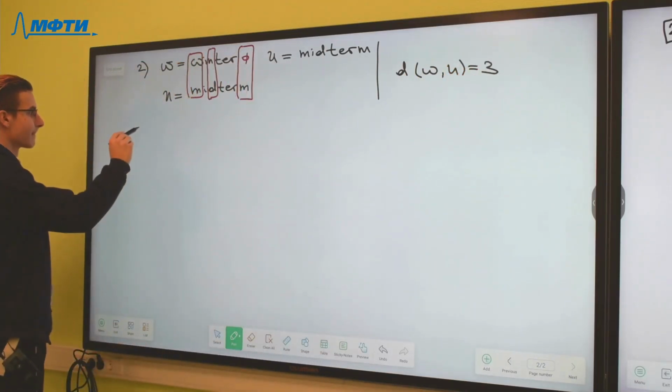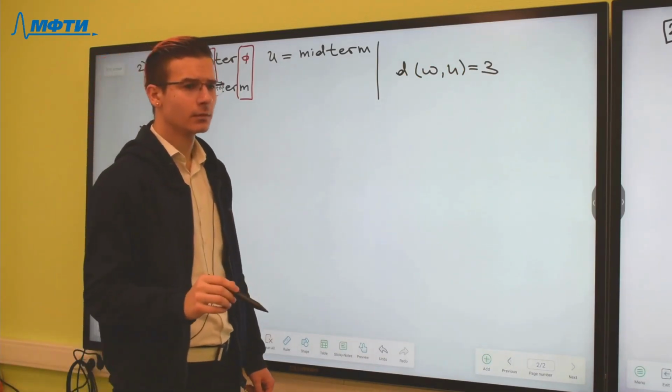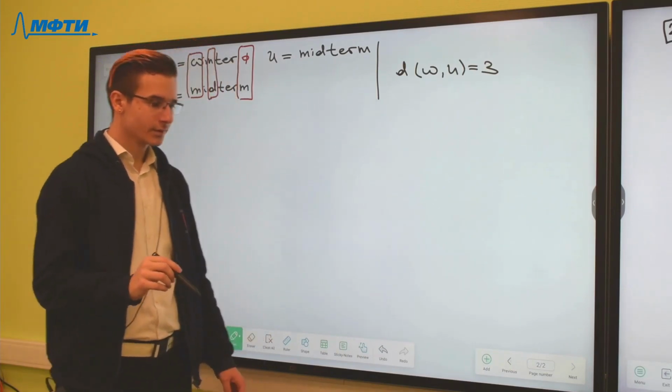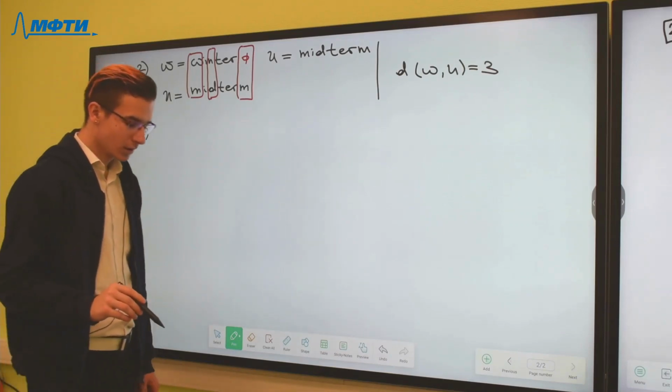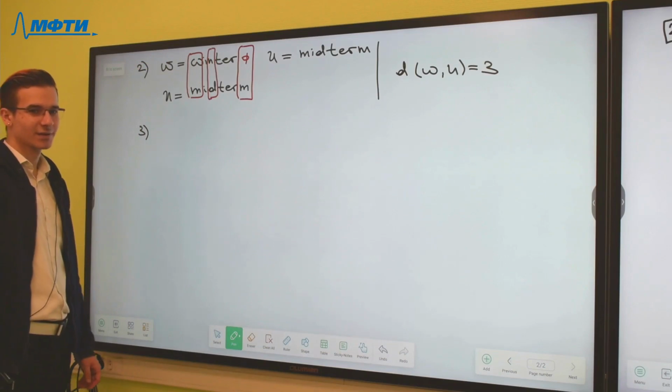The distance between W and W is 0. Distance between the same words is equal to 0. And if the distance is equal to 0, they are equal words.